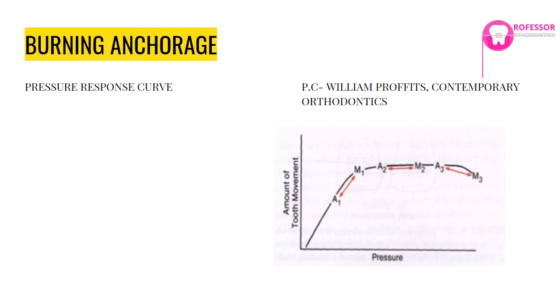So when you have 100% to 75% utilization of space that is required, and you end up losing some amount of anchorage, that is basically you are losing some amount of extraction space. That's an example of losing anchorage or burning anchorage. So the amount of space available after losing anchorage is so little that you will not be able to reach your orthodontic treatment goals.